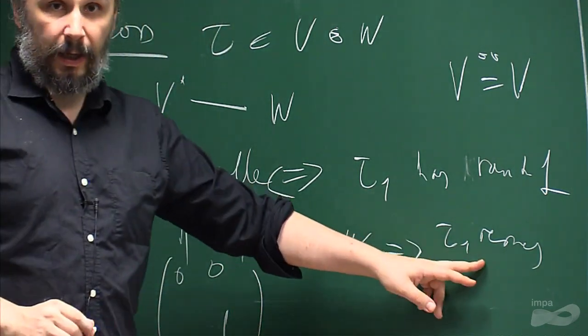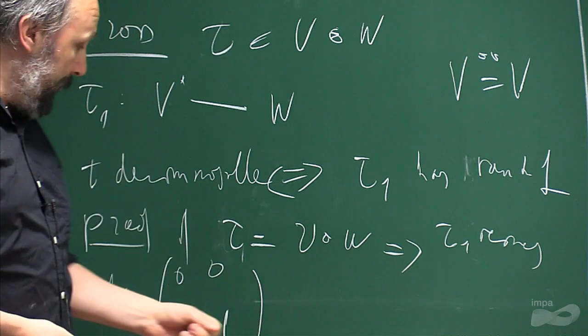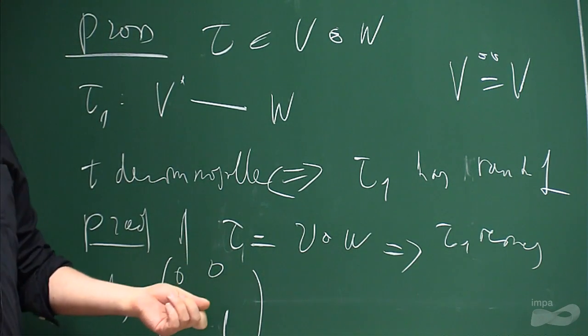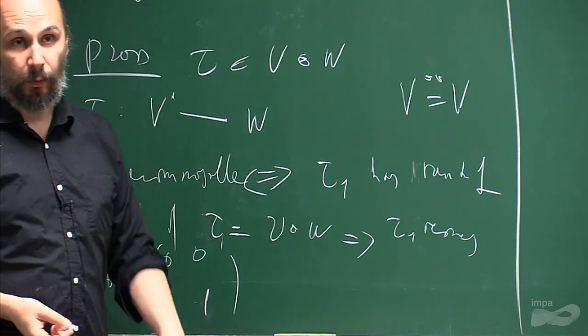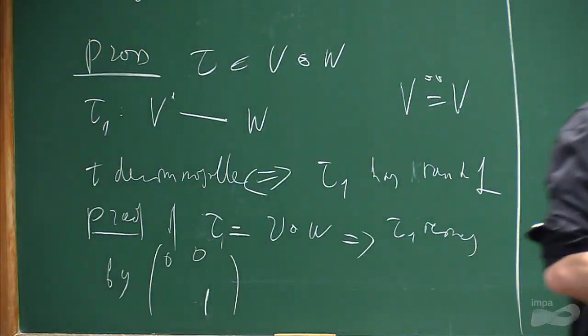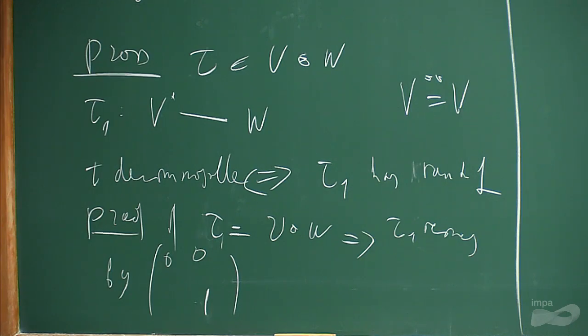Conversely, if tau 1 has rank 1, in an appropriate basis it is represented by such a matrix, and then tau is equal, for this basis, to just a product of two basis vectors. Questions, comments? Okay.